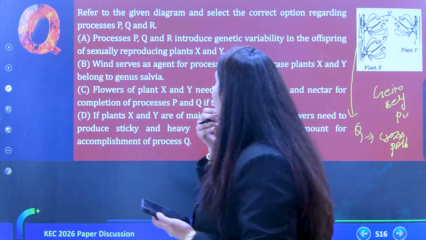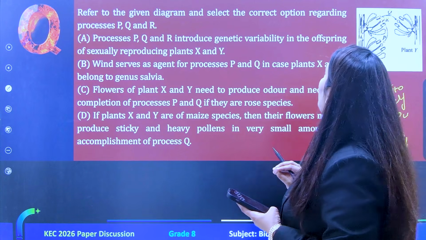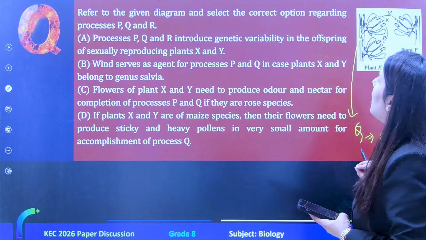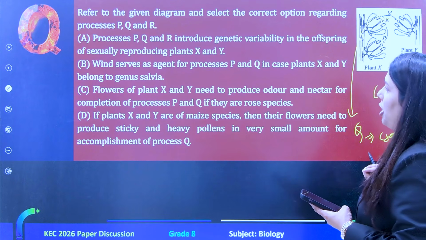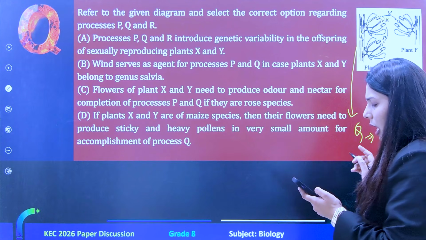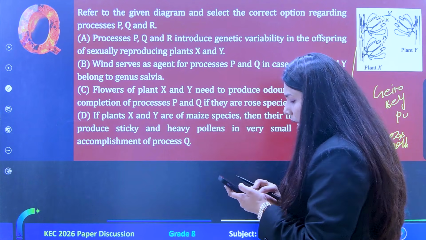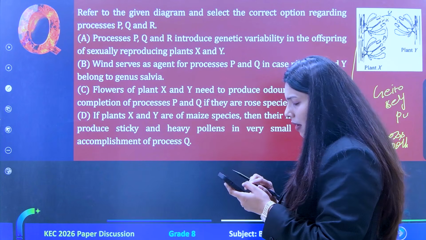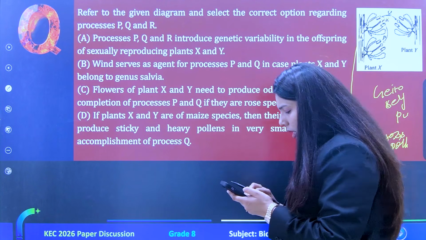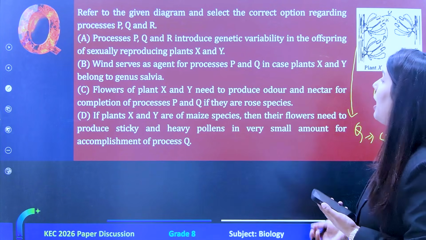Okay, so now they say processes P, Q and R introduce genetic variability in the offsprings of sexual reproduction in plants X and Y. What do you think? All will give genetic variability? Tell me everyone. How can a self-pollinating flower give genetic variability?